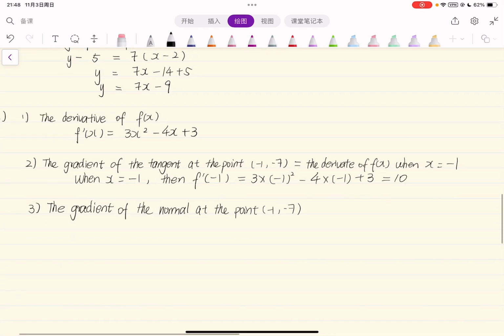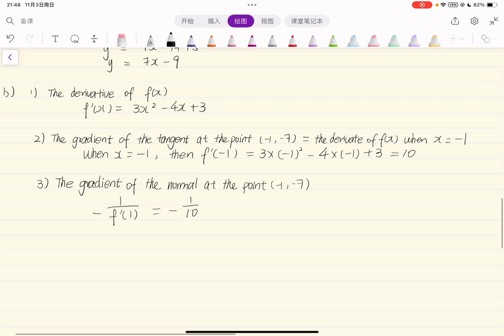That is -1 over f dash -1 equals -1 over 10. So that we can get the equation of the normal at the point (-1, -7).